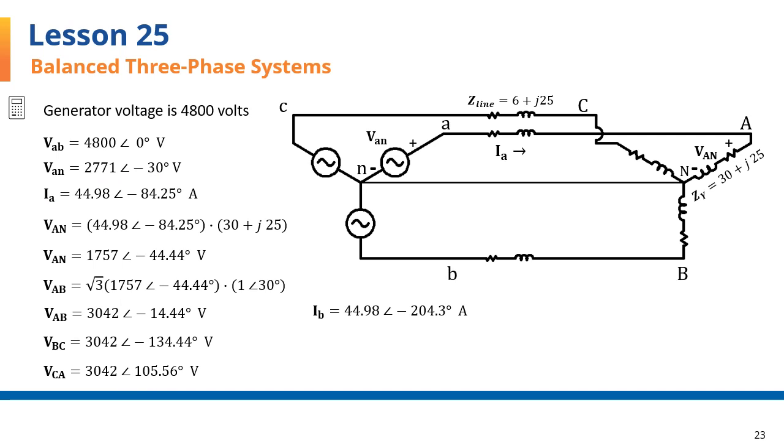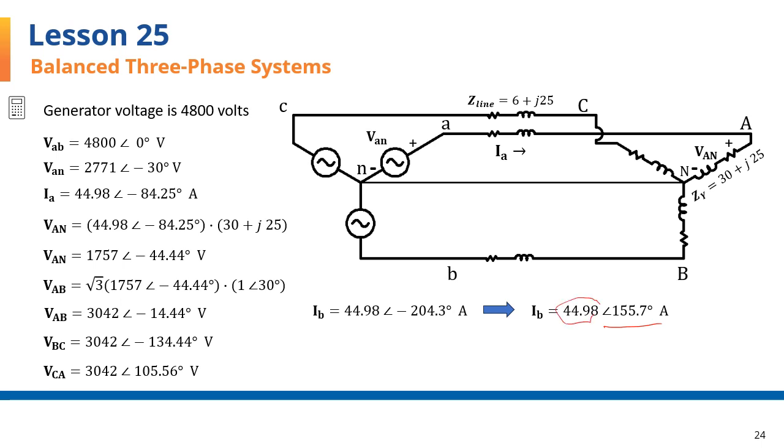To get to IB from IA, I subtract 120 degrees from this, and the angle becomes negative 204.3. But since the absolute value of the angle is over 180, I'm going to add 360 to it to bring it between 180 and negative 180. And this is the result for IB.